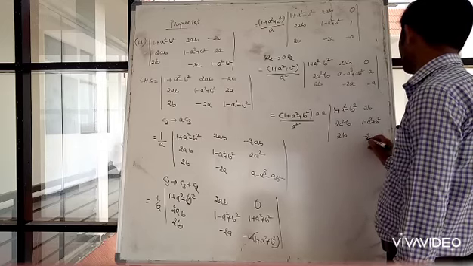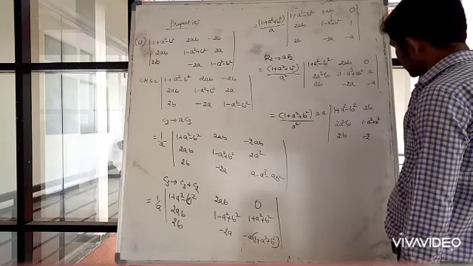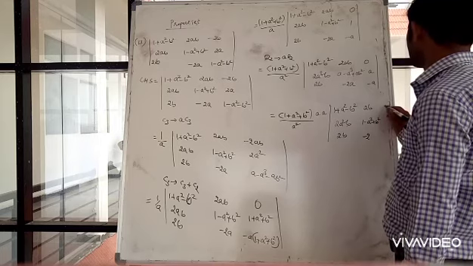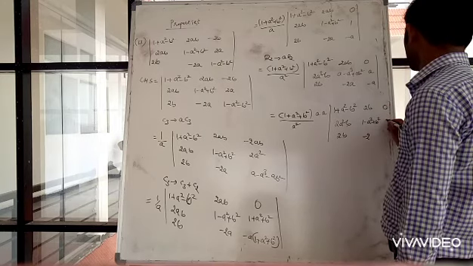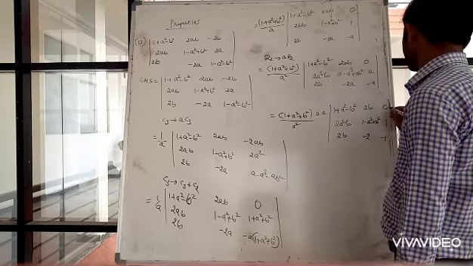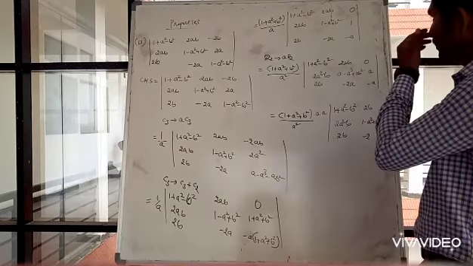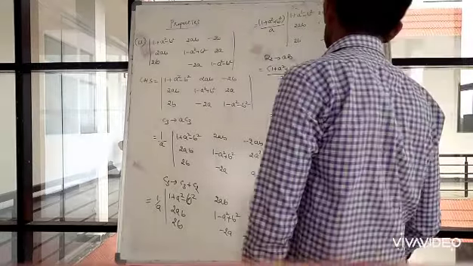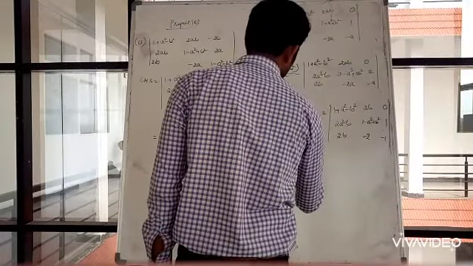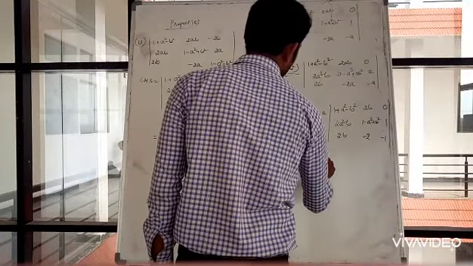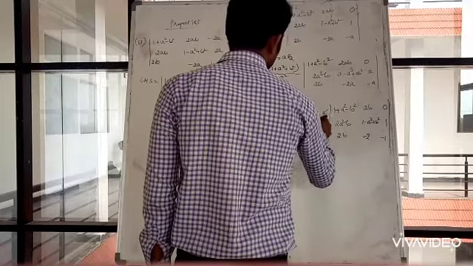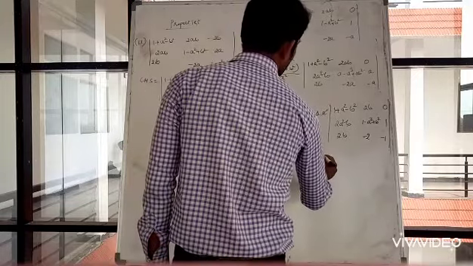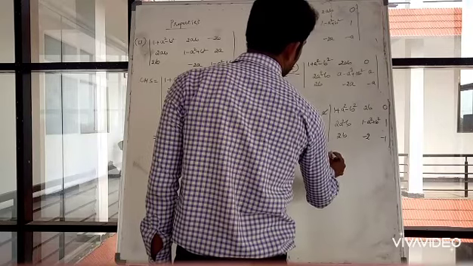Here minus 2 will remain. 0, 1, minus 1. 0, 1, minus 1. Then R2 implies, here a cancels, R2 implies R2 plus R3.